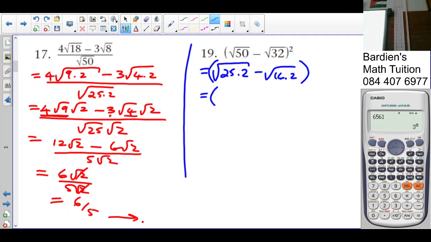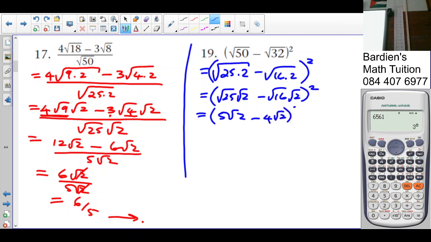So that would be the square root of 25 root 2 minus square root of 16 root 2. Square root of 25, 5 root 2 minus 4 root 2, squared. That will give you root 2 squared, which is 2. Alright.